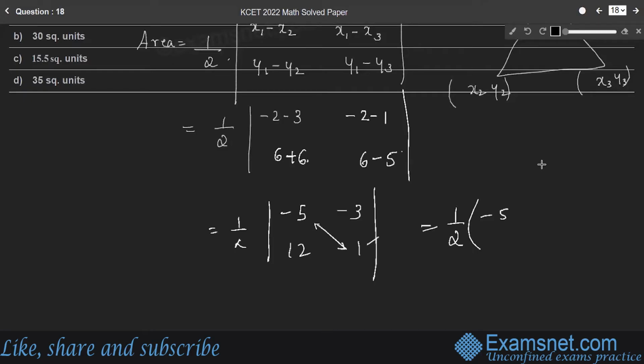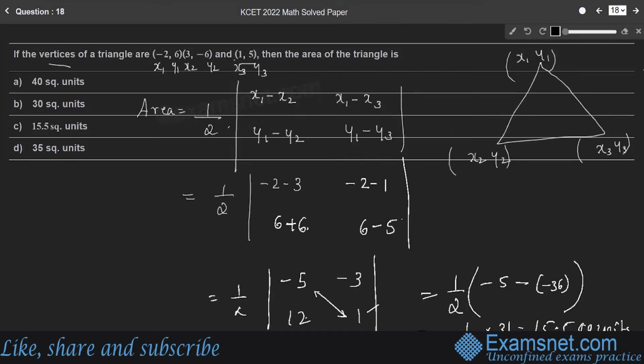Since it is a 2 by 2, minus 5 into 1 is minus 5, right? Minus of 12 into minus 3 is minus 36, and minus of minus 36 is plus 36. So half of 36 minus 5 is 31. Therefore, it is 15.5 square units, which is the area of the triangle, right? 15.5. Option C is the right answer.